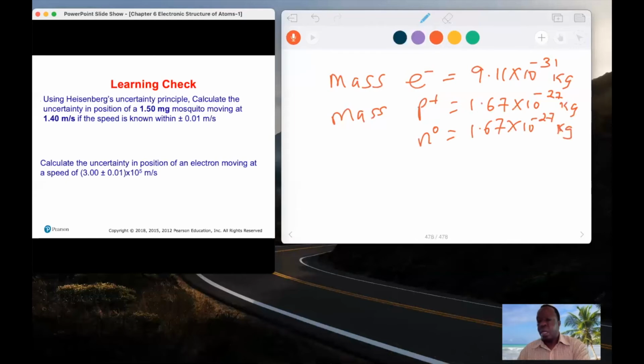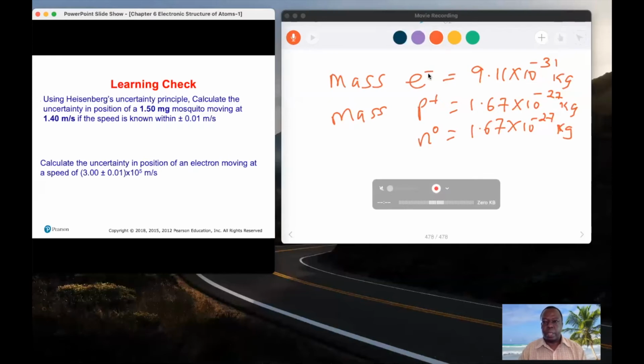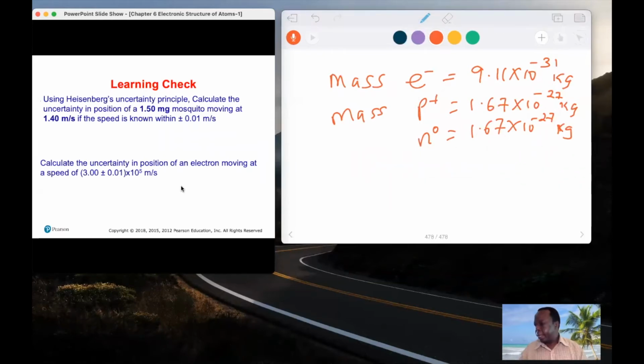Just in case you are given a problem in homework where I'm not given the mass of an electron, a proton, or a neutron, how will I find that? It is given at the back of the text. In the exam, you'll be given this to save time. Know that the masses have to be in kg.